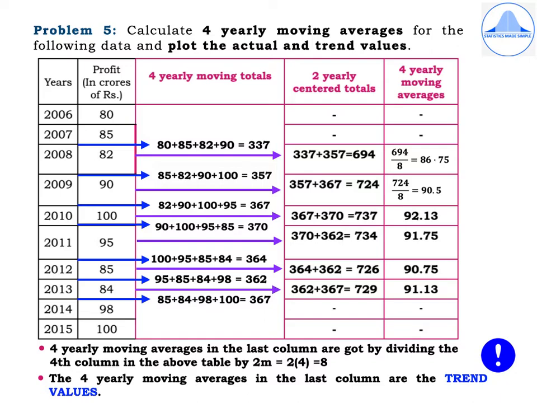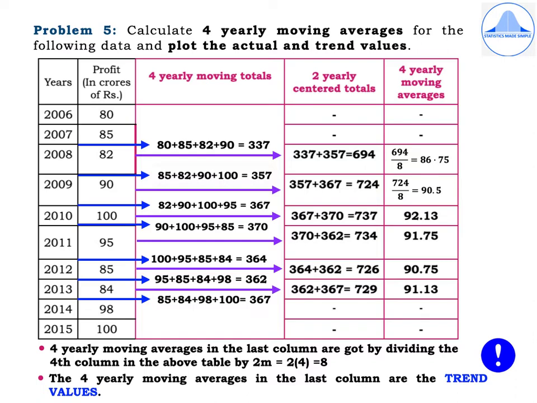Now the last step is to get the 4 yearly moving averages. So the 4 yearly moving averages in the last column is nothing but the trend values. And how do we get it is we have to divide the 2 yearly centered totals by 2m. And here m is 4. So 2 into 4 is equal to 8.